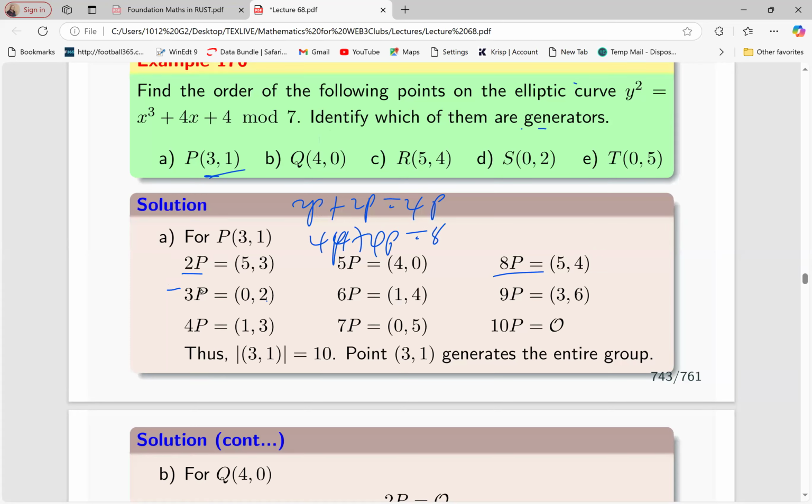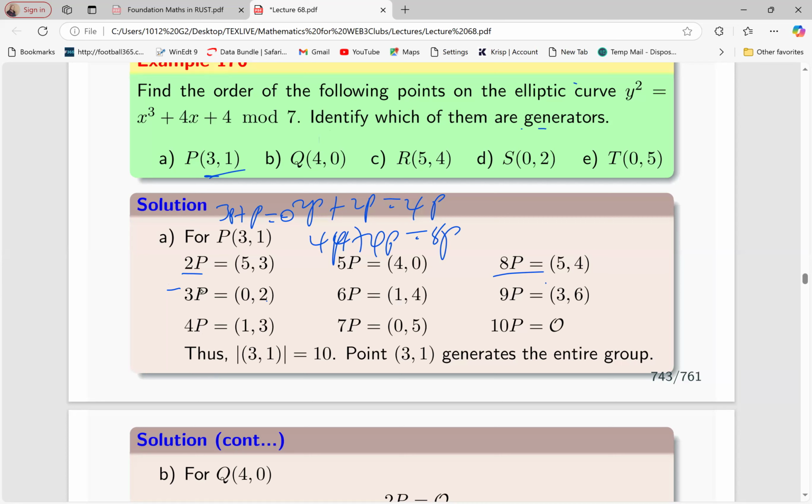This is not correct, because at some point you may have skipped something very important. You may realize that at some point maybe 3p plus p was supposed to give you a point at infinity. So if it's a point of infinity, then 8p will not even be there.